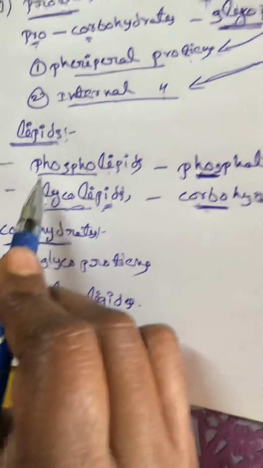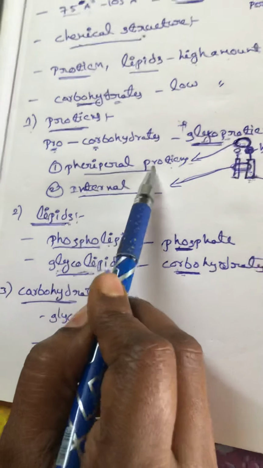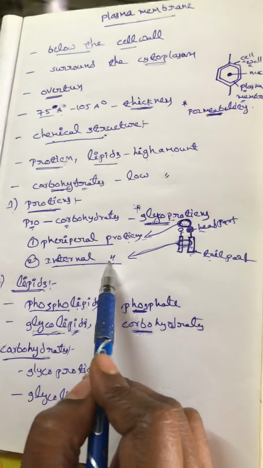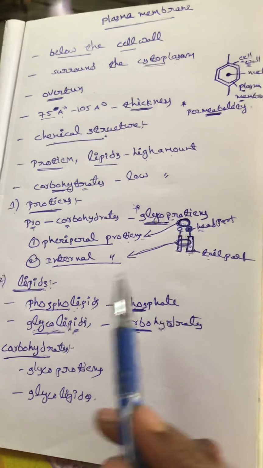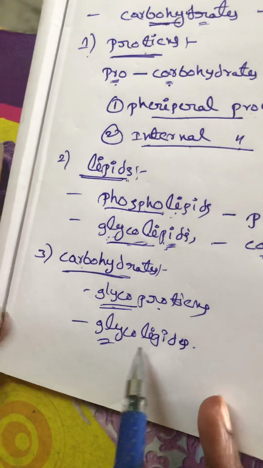These are the lipids: phospholipids, glycolipids. In proteins: peripheral proteins, internal proteins. Peripheral proteins are seen on the outer side of the head, and internal proteins are embedded proteins. Then carbohydrates. These carbohydrates are also of two types, glycoproteins and glycolipids.